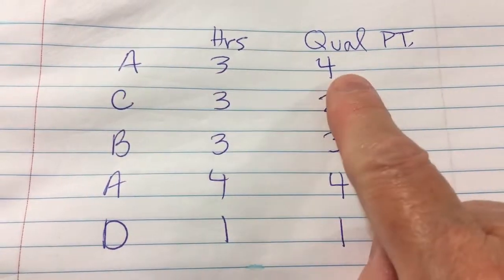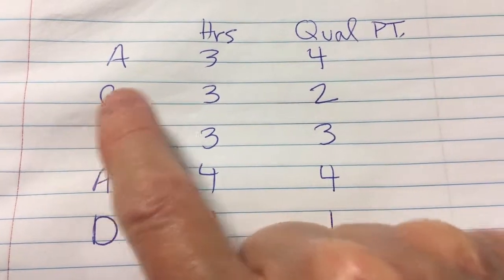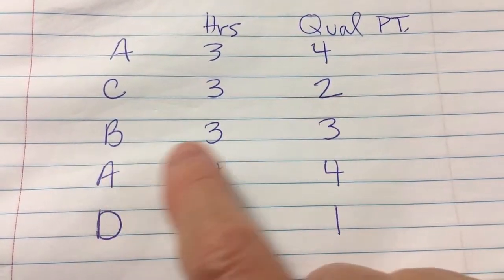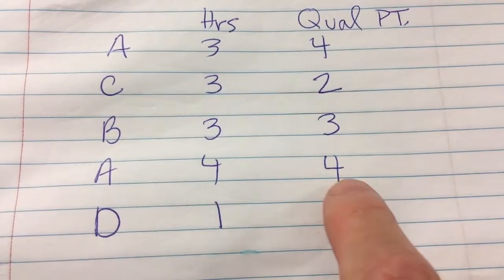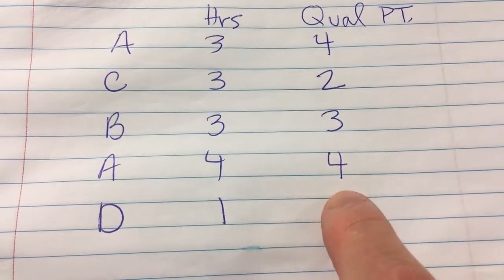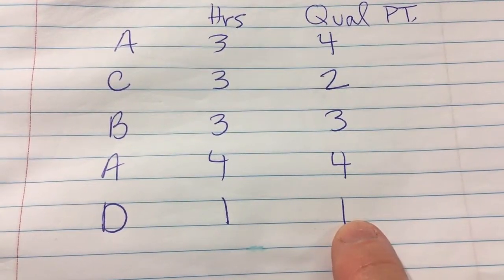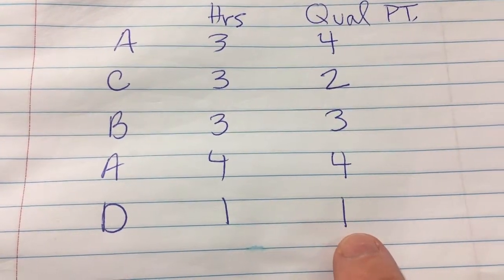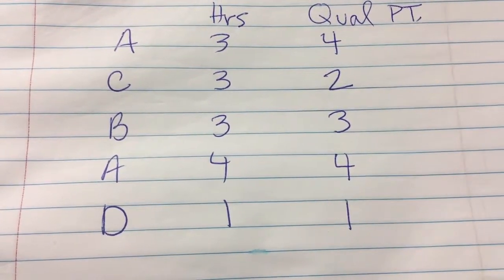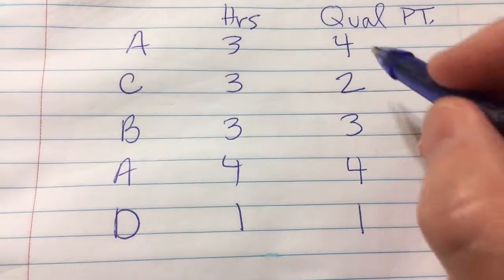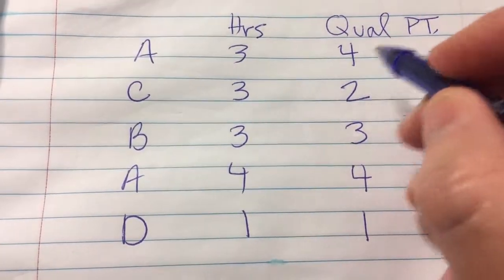So A is worth 4 quality points, C is only worth 2, B is worth 3, A is worth 4 again, they're consistent, and D is 1. F's get 0 quality points. So now we're going to take the number of hours times the quality points.